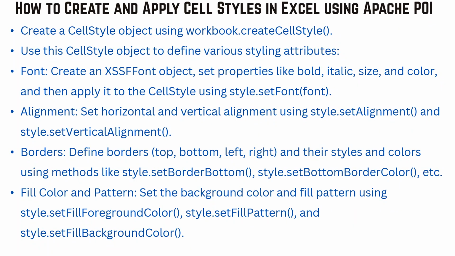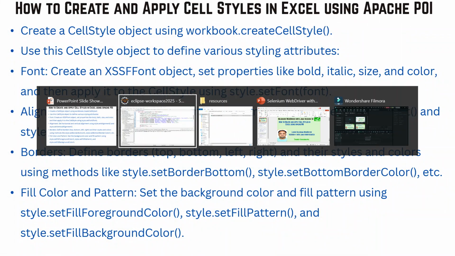We can fill the color and pattern also. You can set the background color and the fill pattern using style.setFillForegroundColor and style.setFillPattern and style.setFillBackgroundColor, like that. So these are the important methods or classes we can create first. Again, we can call the important method whenever we want to apply the cell style in the Excel sheet with the help of Apache POI.